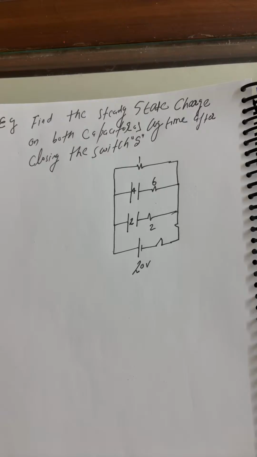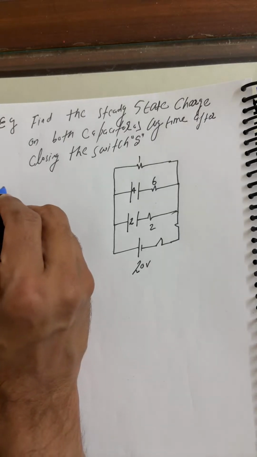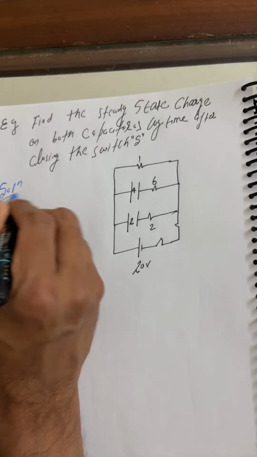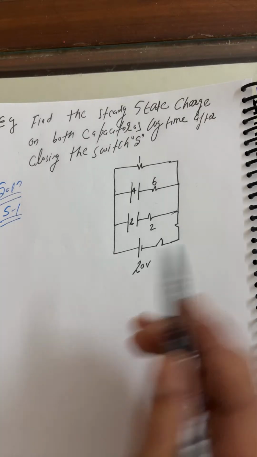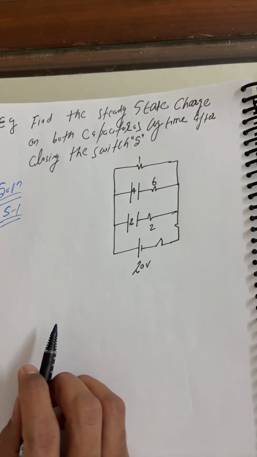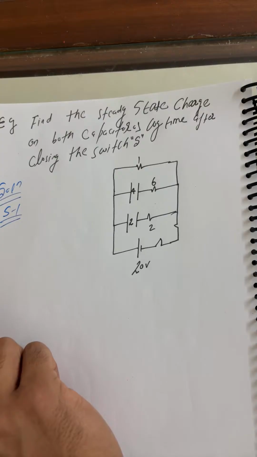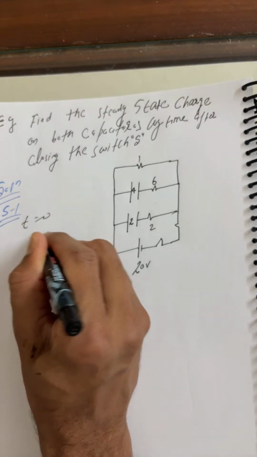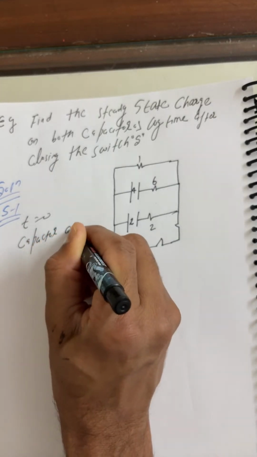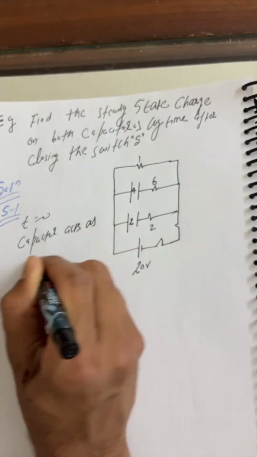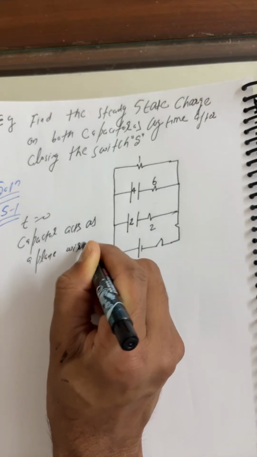So students, have a look. What is the clear concept for these questions? In the solution, this is step 1: for long time or steady state, the capacitor acts as an open circuit. If time is 0, the capacitor acts as a plain wire.